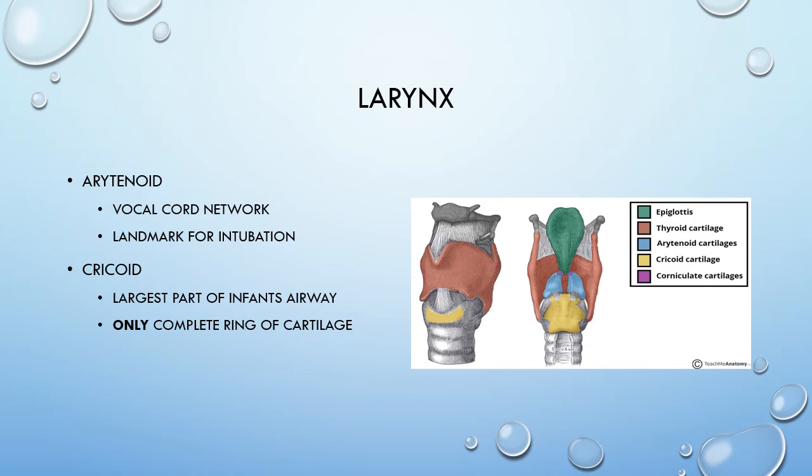The cricoid is, again, the largest part of an infant's airway and the only complete ring of cartilage. The rest are only C-shaped. You can see in this picture the arytenoid cartilage is pictured in blue and the cricoid cartilage is pictured in yellow.